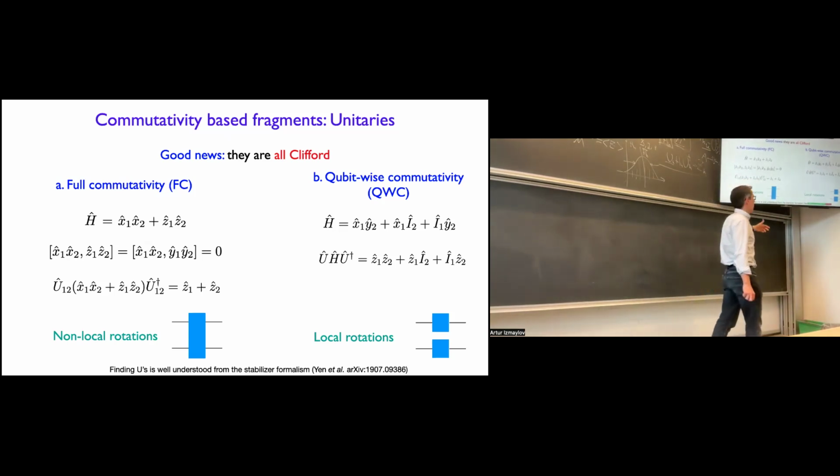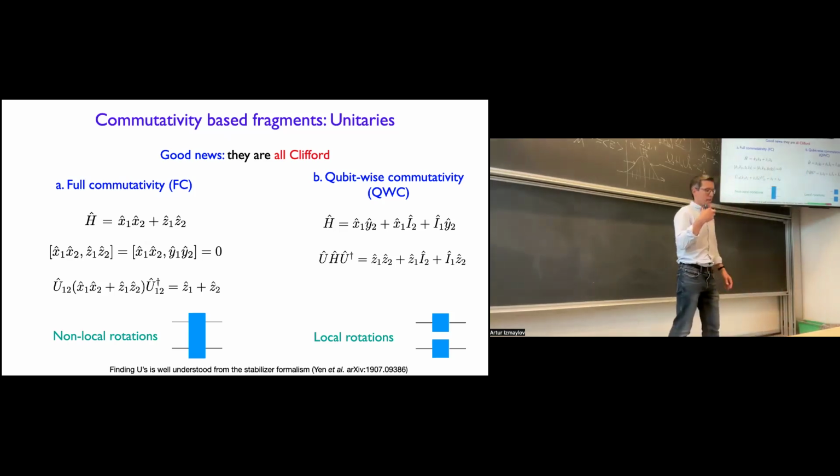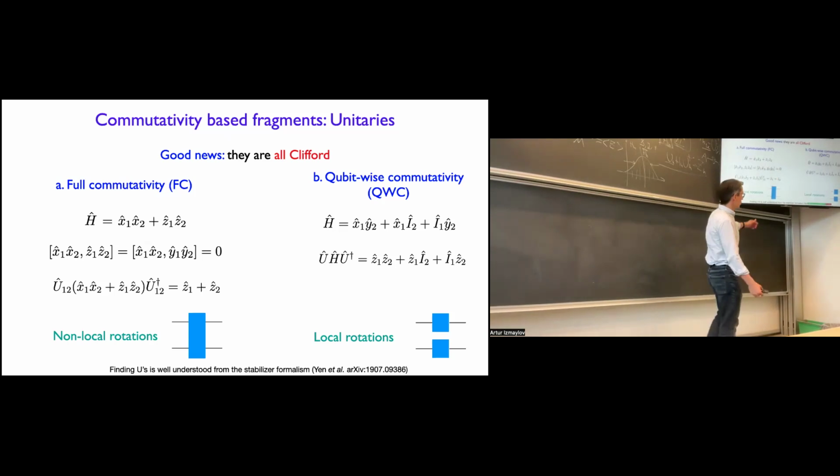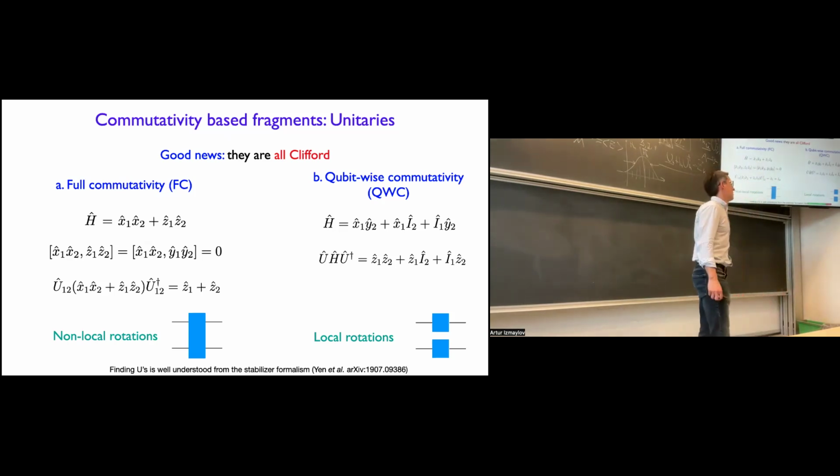Because in the near term, these local rotations, which are single qubit rotations, have larger fidelity. It's a smaller cost in terms of accumulation of errors. Therefore, people these days prefer to use qubit-wise commutativity, even though the groups that you can collect are much smaller, since it's a more restrictive commutativity, right?